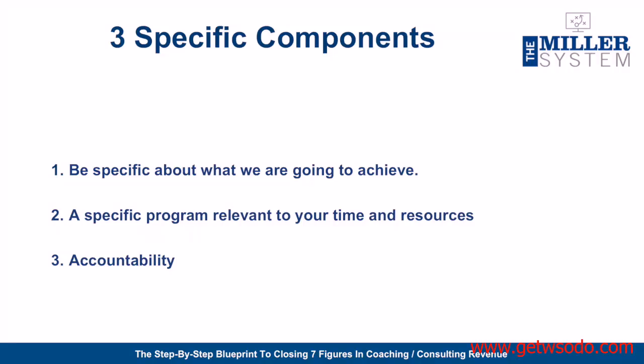Number 2 is, and this is really very simple, we put together a program that is specific to the time that you have available, the nutrition that is appropriate for what we're looking to achieve, and also to the amount of resources that you have available to commit to a program like this.